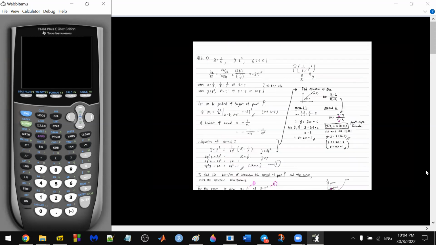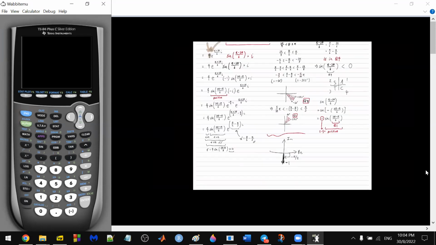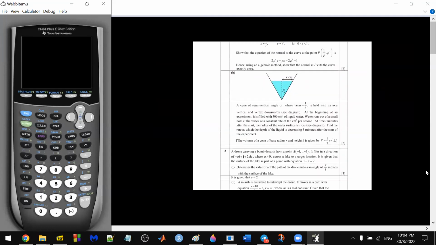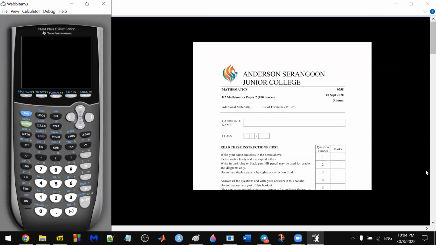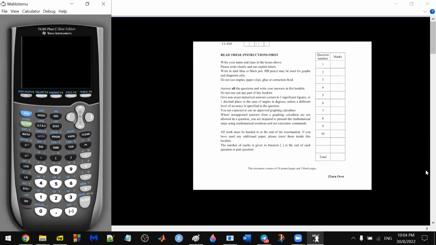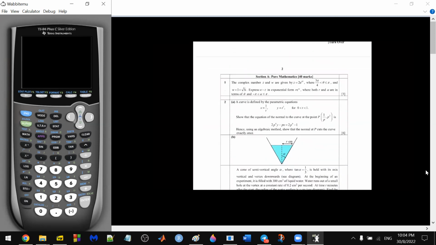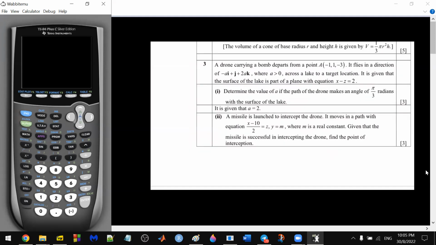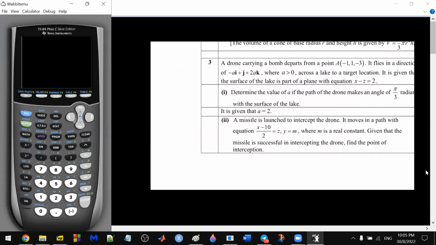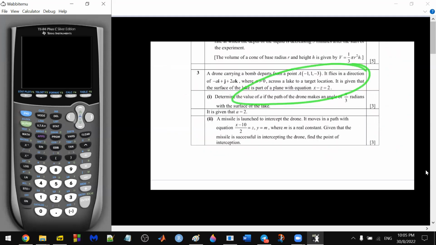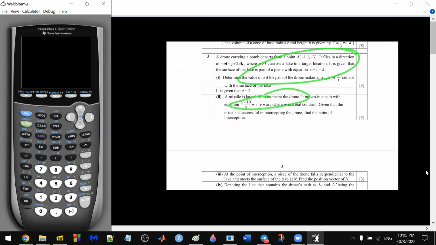Okay, where is the hypothesis testing? You remember this worksheet? From May. You did it in May. Oh yeah, I think so. A drone carrying a bomb. Wow. This one. Missile launching to intercept drone.